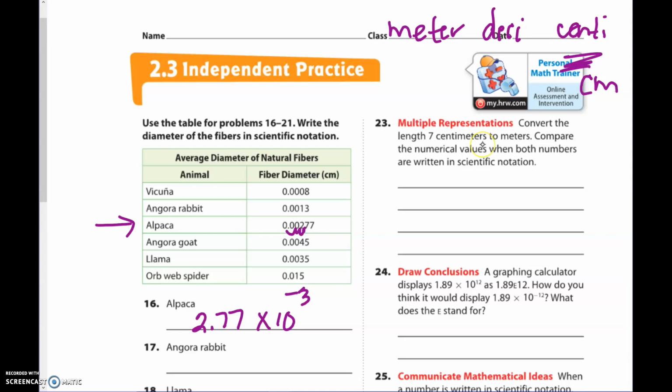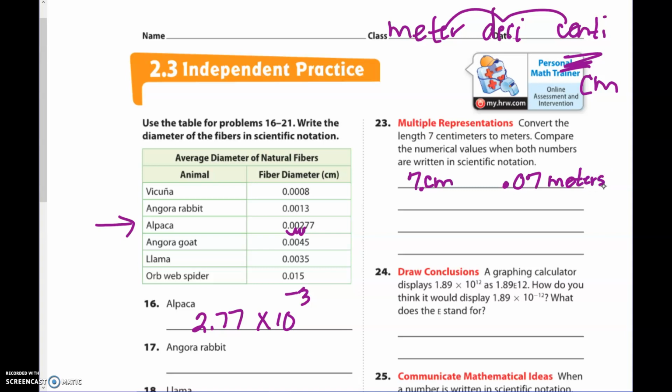If we have 7 centimeters, there are 2 places between centi and meters. Centimeters are bigger, so it's going to have to get smaller to go from centi to meter. So we're going to take this decimal that's here at the end and move it 1, 2 places, so it becomes 0.07 meters.